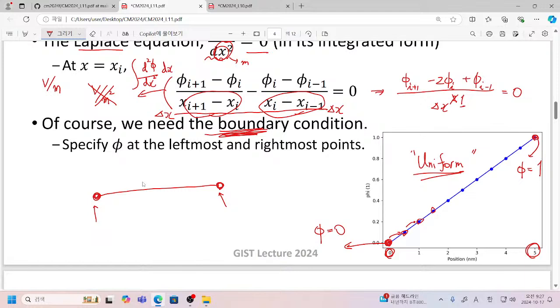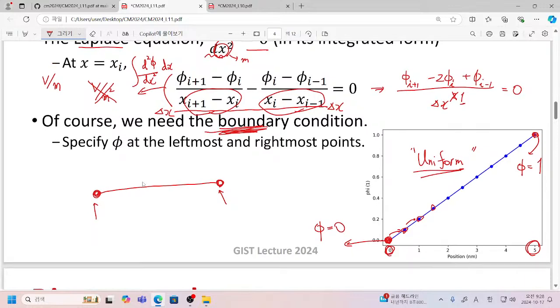Okay. So that was the discussion about the 1D Laplace equation. What we have done is just to reinterpret the same thing with a slightly different trick. We introduced integration of our equation over a short range, and it worked, and we were able to get the working discretized form.